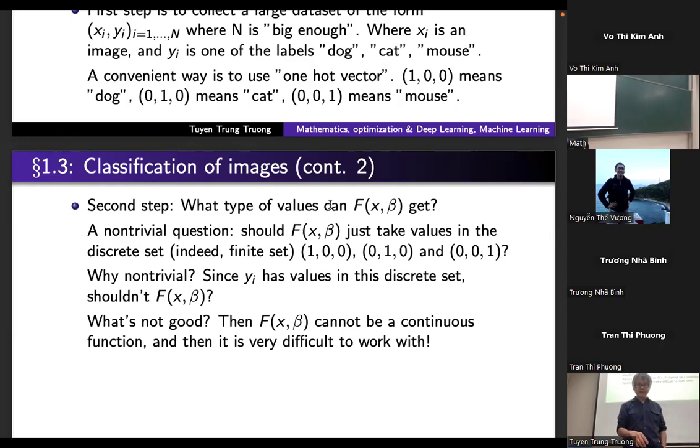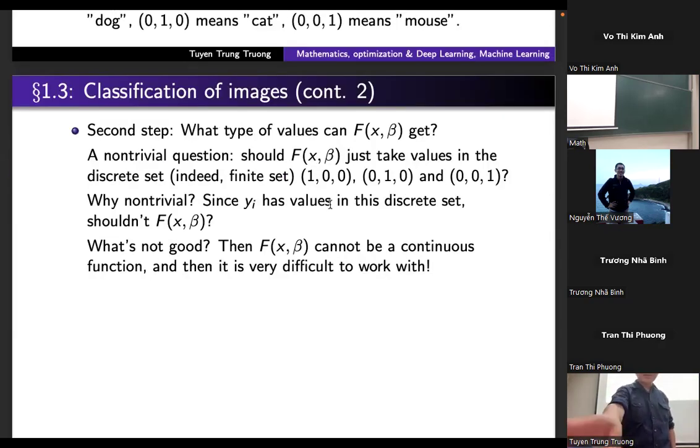That is very difficult, because usually if you have continuous functions, it's easier to work with than discrete functions. So it's better to assume that f(x, beta), where you already give a value for beta, can take every value, not just 1, 0, 0, 0, 1, 0, or 0, 0, 1. Because then it's very difficult to work.